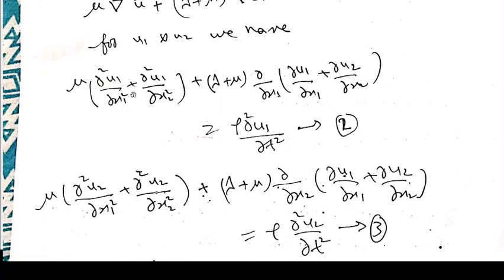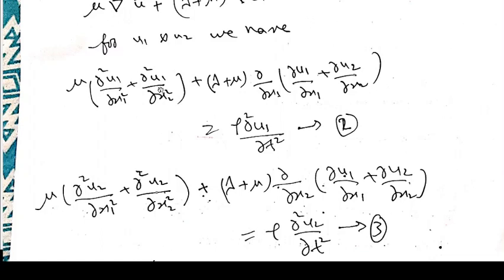You can see that this del square is partial square partial x1 square plus partial square partial x2 square plus partial square partial x3 square. And for the first component, it will be partial square u1 partial x1 square plus partial square u1 partial x2 square plus partial square u1 partial x3 square. That last term will be 0.